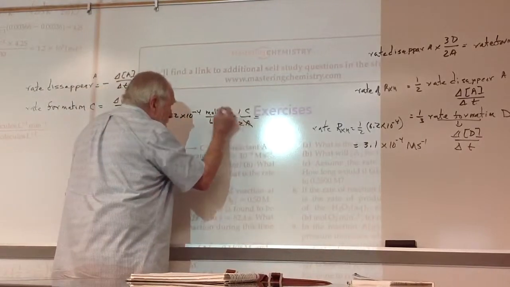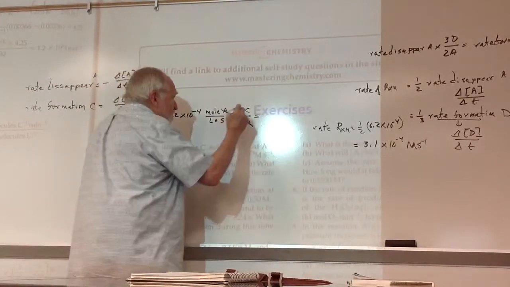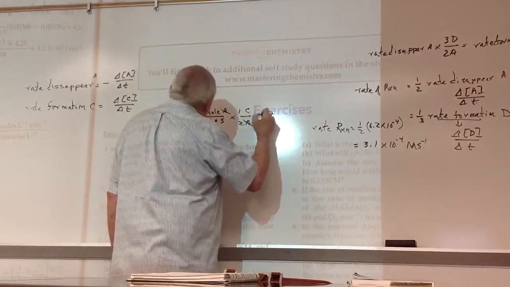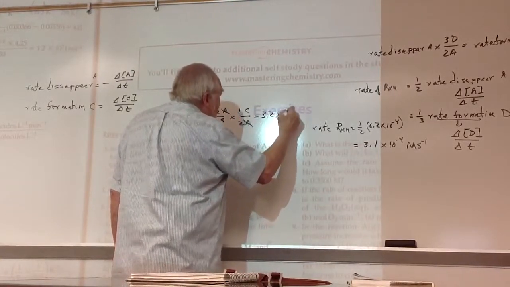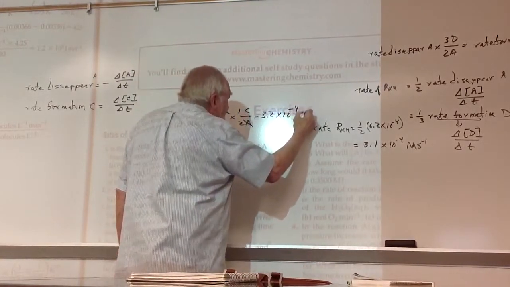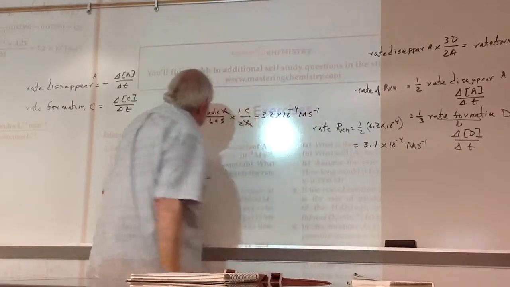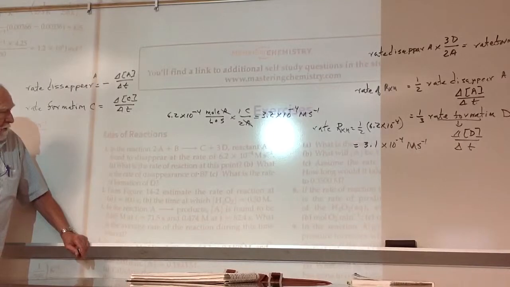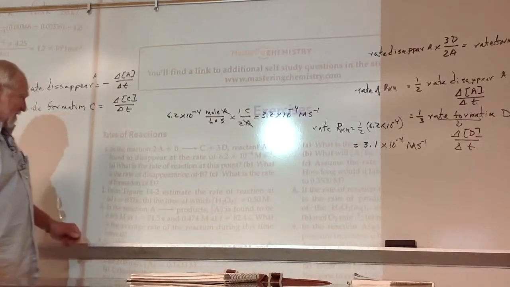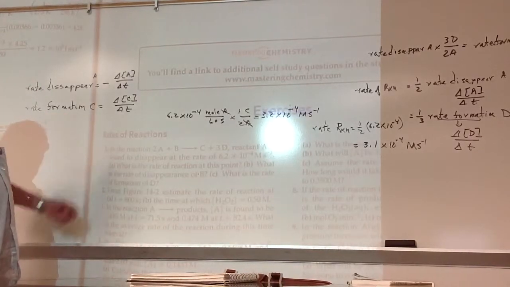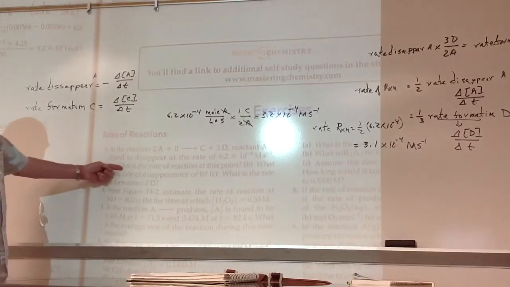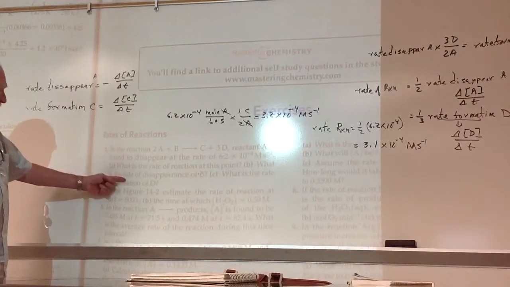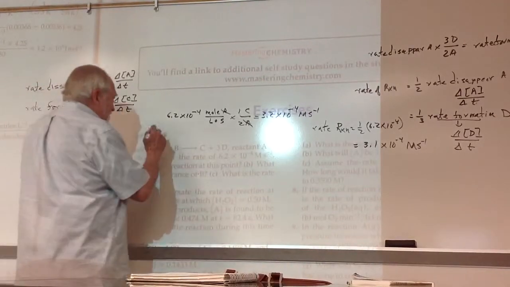Formation of C. Oh, formation of C. And it's going to be... so that's the rate of formation of C, which is what you want to get. Now notice, oops, I'm sorry, I did the formation of C. Did I get it wrong? I guess I answered a question you didn't ask. He said, what's the rate of reaction? What is the rate of disappearance of B? Okay.